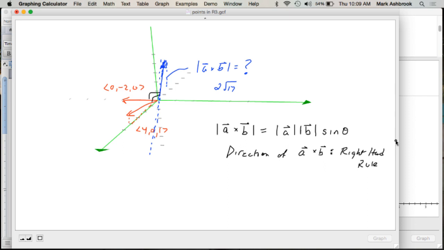Okay, and so then the last thing is we need an algorithm for computing this vector using components. Okay, so how do we compute the vector using components?